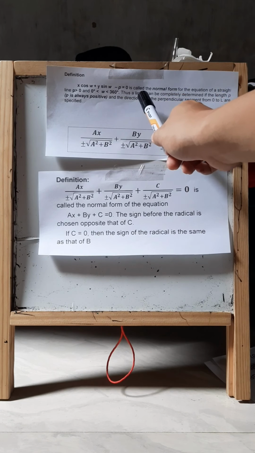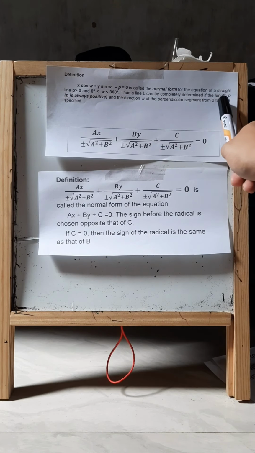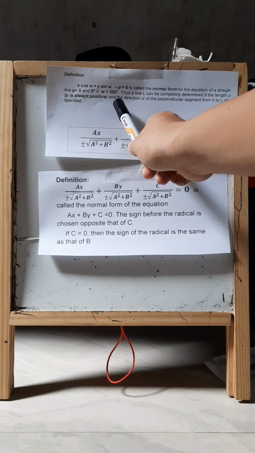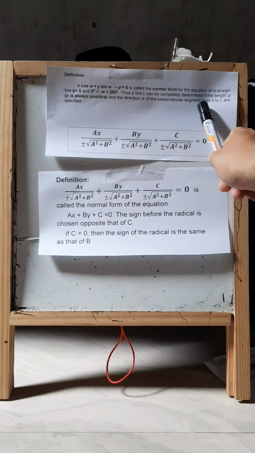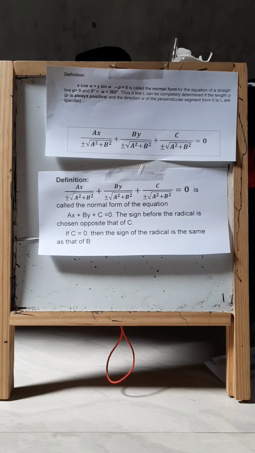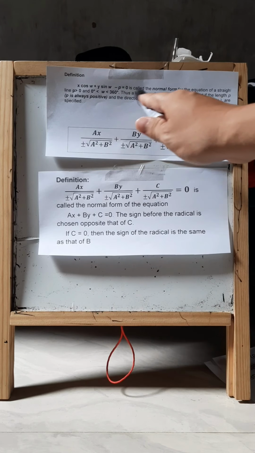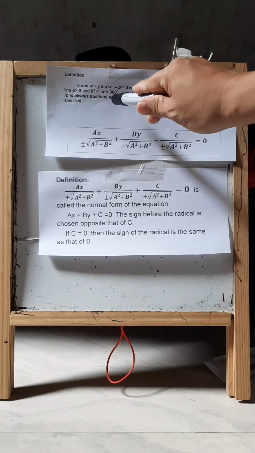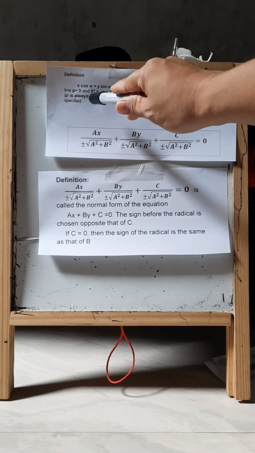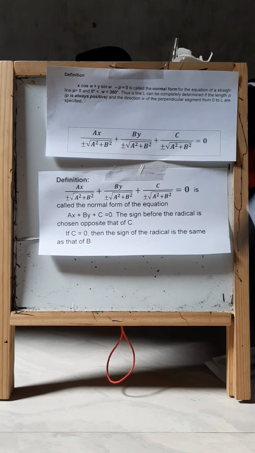Thus the line L can be completely determined if the length P and the direction W of the perpendicular segment from 0 to L are specified. That's what we did in the previous examples. We learned how to find the equation of the line in normal form given P and W. P is always positive, W is the measure of angle from 0 to 360 degrees.